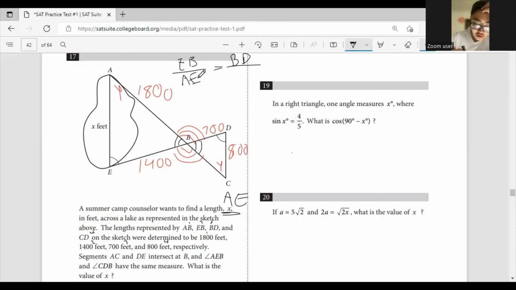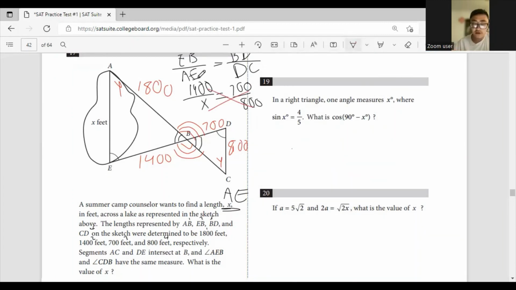So that'll be the 800, so DC. So EB over AE should equal BD over DC, which is 1400 over X equals 700 over 800. Now you just cross multiply when you have two fractions equal to each other.